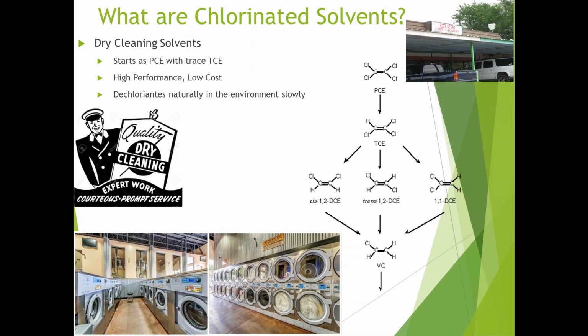The Stoddard solvent was less flammable, and it was a white petroleum solvent, which improved the cleaning powers. By the mid-1930s in the U.S., because the Stoddard solvent was still a flammability concern in buildings, the industry shifted over to the recently invented PCE or perc, which is a better cleaning solvent.